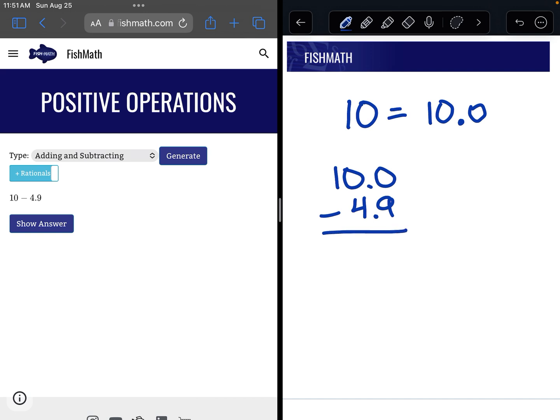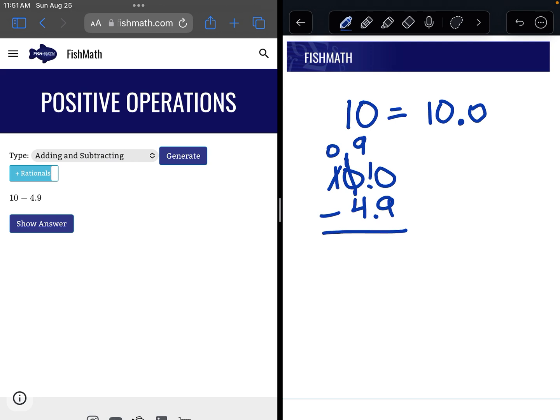This is very similar to subtracting 100 minus 49. So what we're going to do is essentially ignore the decimals now that they're lined up. Once these are lined up vertically here, then we can just subtract like you normally would. We can't do 0 minus 9, so we can't borrow from the 0, we have to borrow all the way from this 0, makes that a 10, and then we're going to make that 10 a 9 and make this a 10.